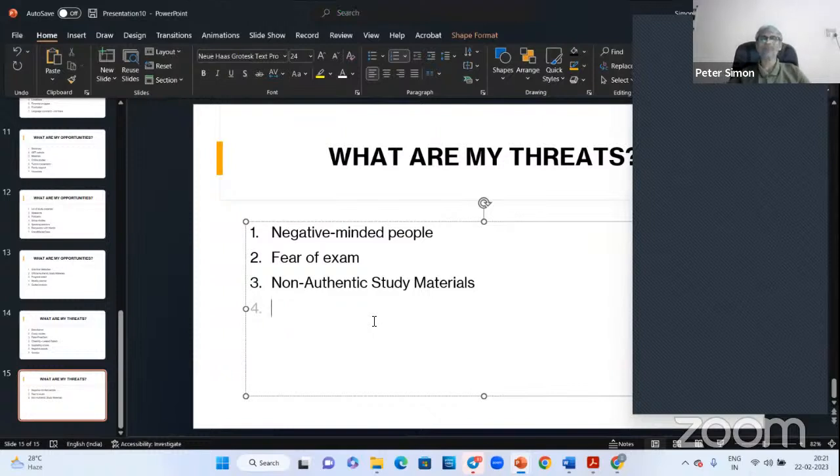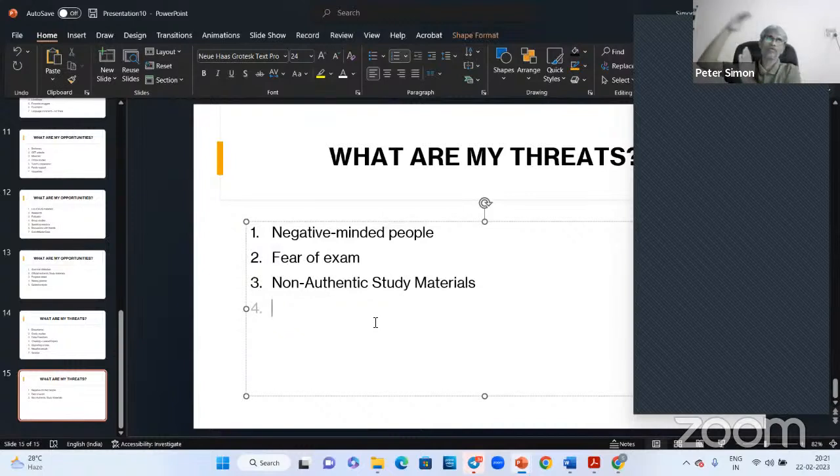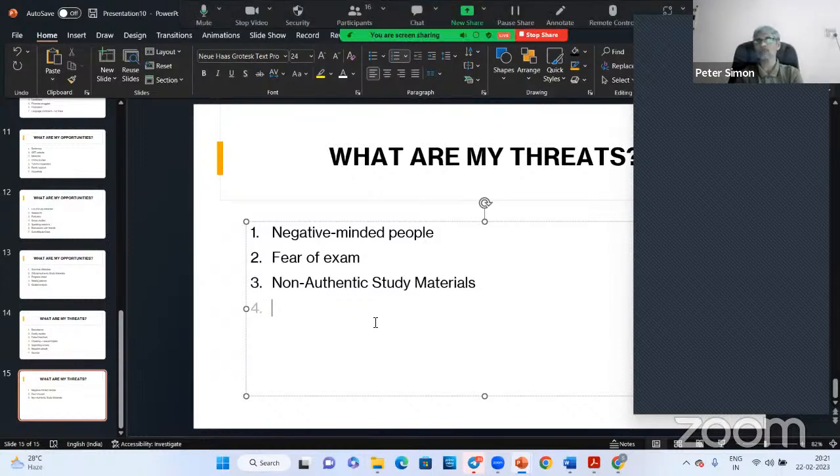It's not authentic, because Simon Sir cannot be equal to OET. Simon Sir cannot be equal to Cambridge Dictionary. Simon Sir is not equal to big organizations. Simon Sir is an individual. Like that, there are many people who are preparing materials and just putting them out. They themselves don't know what grammar is. We have seen a number of such materials.